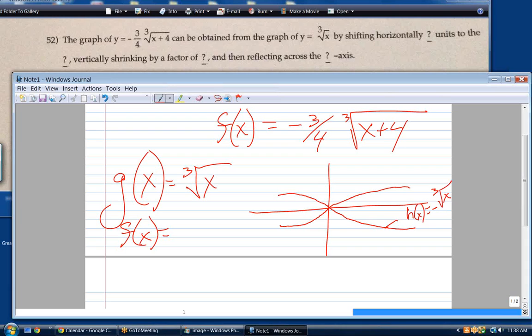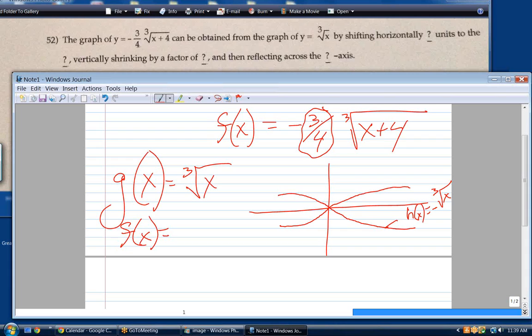Now let's apply the vertical stretch or shrink factor, which is what? Is it stretch? Well, it's a shrink because it's less than 1. Now, horizontally, a shrink is when it's greater than 1. So they're the opposite. So know that. Okay. This 3/4 is outside the function. It's not inside the function. That makes it vertical in nature.